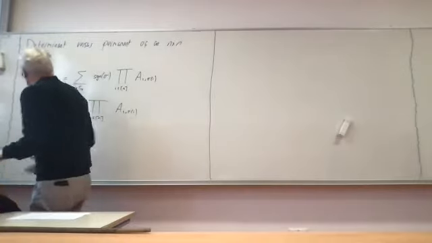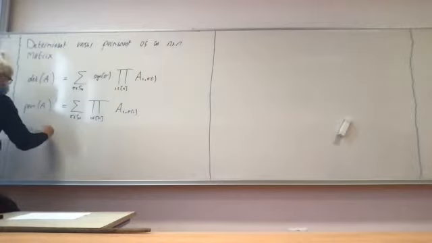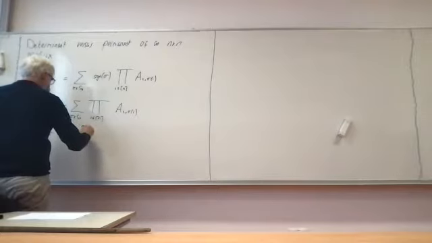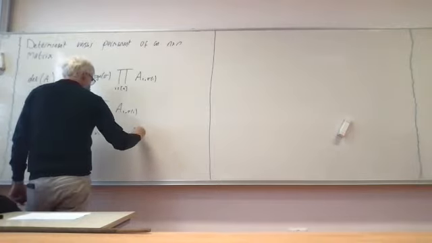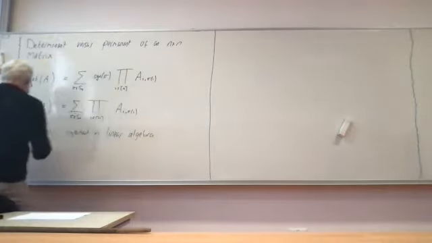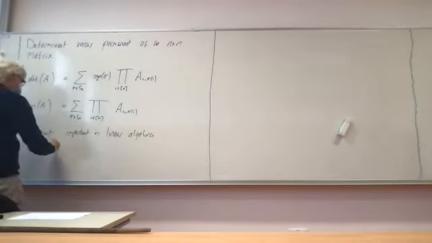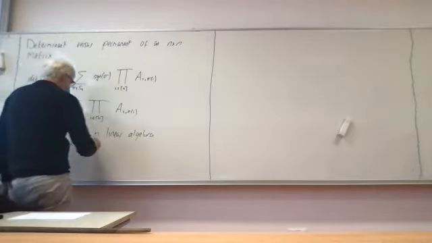And both are interesting mathematical concepts. The determinant is very important in linear algebra and in geometry, whereas the permanent is important in combinatorics.